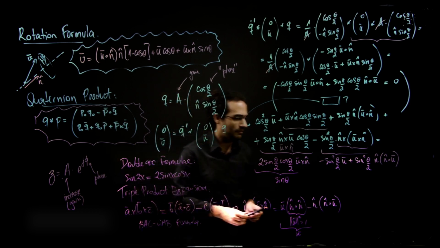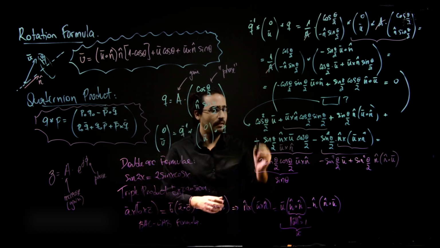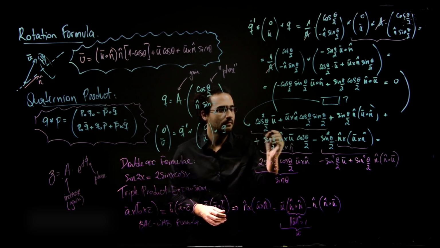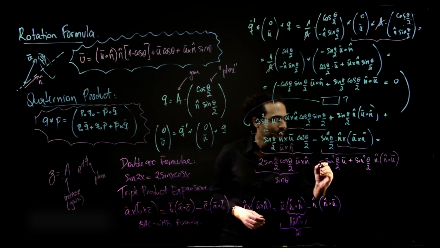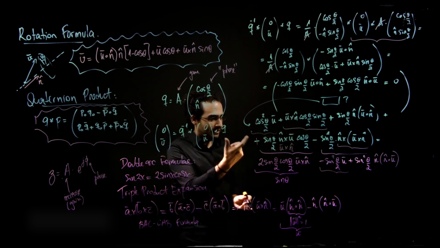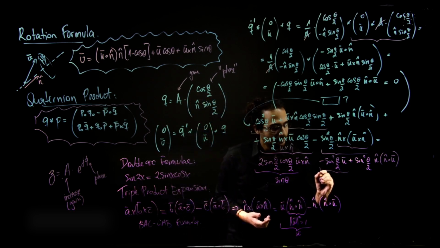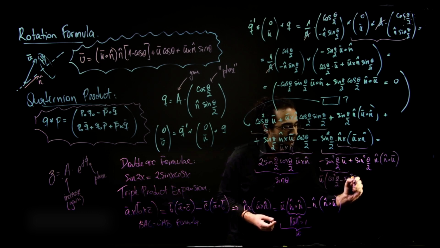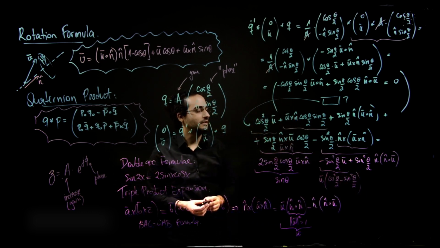And now we have something very similar. You have this term and this term, which together gives you U cosine squared of theta over 2 minus sine squared of theta over 2.